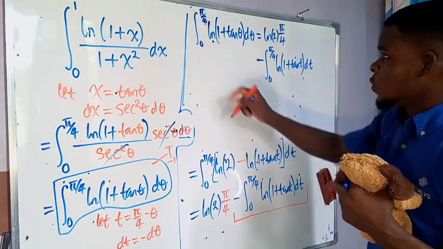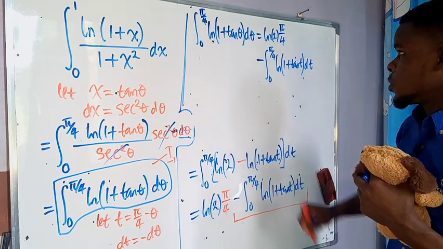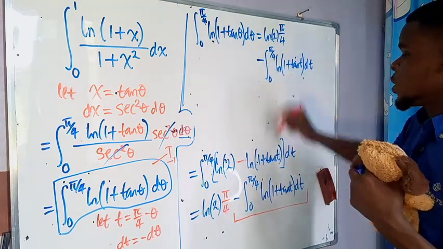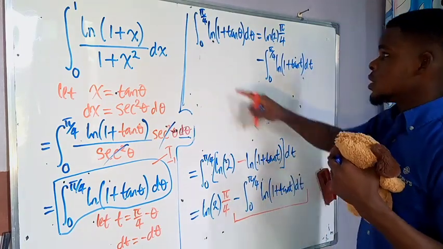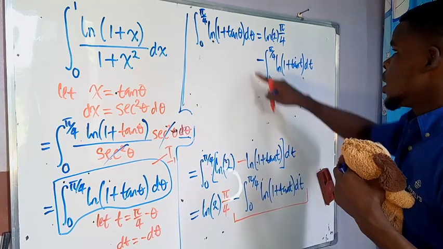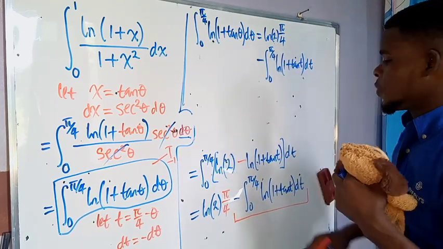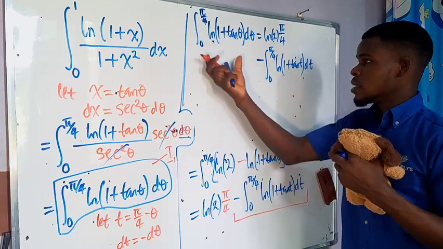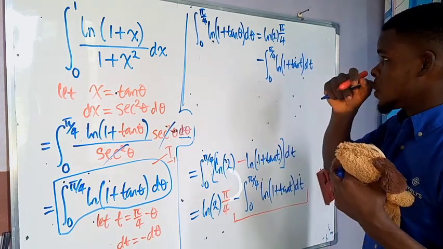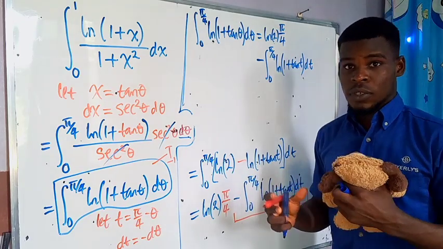Now I want you to take note of these two integrals, this part and this part. Notice this equality sign. This is from 0 to pi over 4 and this is from 0 to pi over 4. This is the exact same function as this, just that the variable has been changed. This is in terms of theta while this is in terms of t. In fact, this is a definite integral, and these bounds of integration are just numbers, meaning that the result will give us just a number.